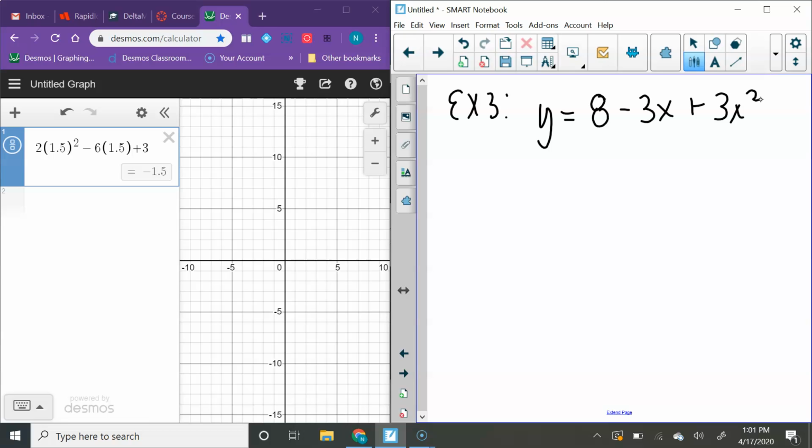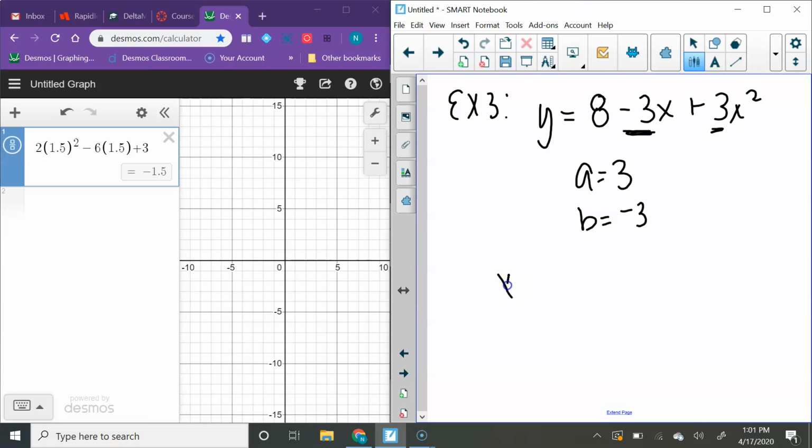Now, I wrote this one a little bit different on purpose because we have to remember what our a, b, and c values are. So the a is the number that's next to our x squared. So our a value is positive 3. Our b value here is going to be next to the x. So it is negative 3.